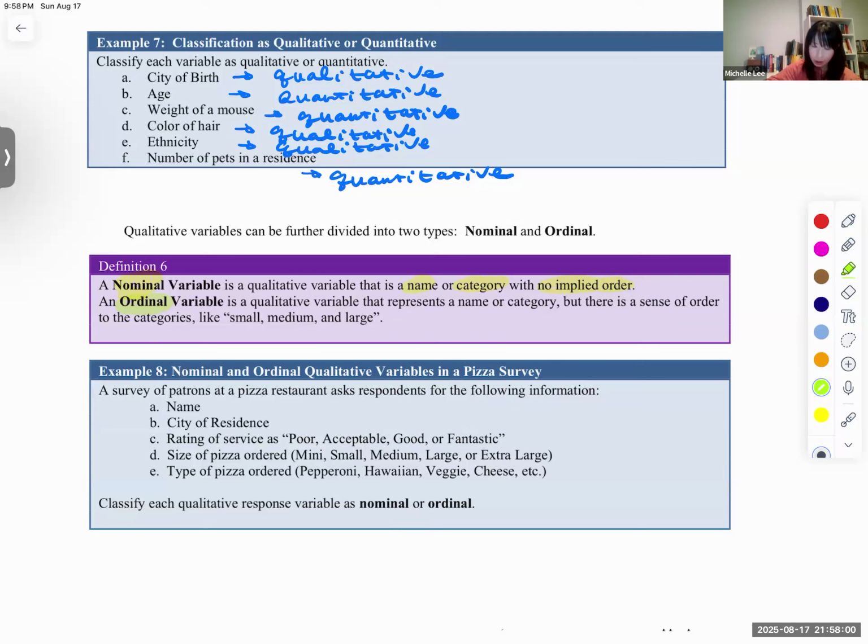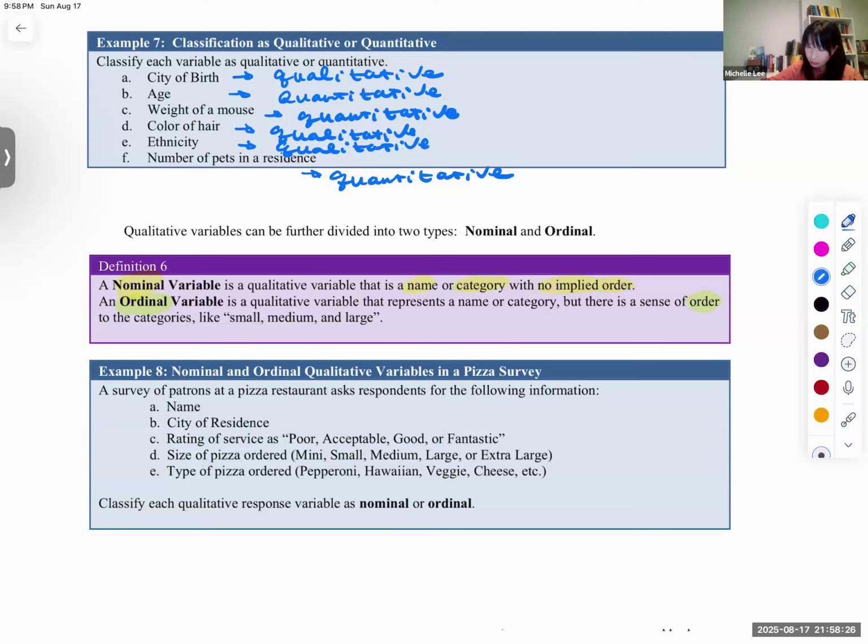Name or category. And ordinal looks like order, right? So I want to highlight order. So what kind of order? Small, medium, large. Okay, now let's classify qualitative response variables as nominal or ordinal.